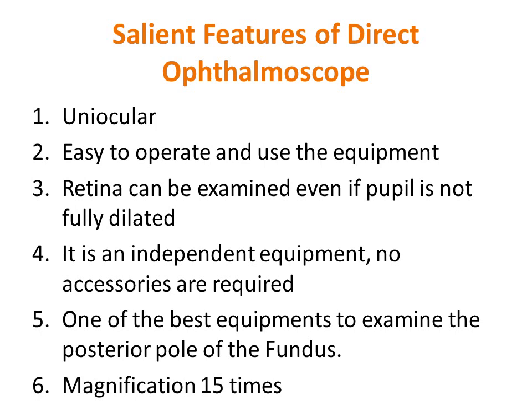It is easy to operate because it's very easy to learn the maneuver of examining the patient using this equipment. So it is very popular and widely used in various eye clinics. The retina can be examined even if the pupil is not fully dilated. That is the advantage of the direct ophthalmoscope.